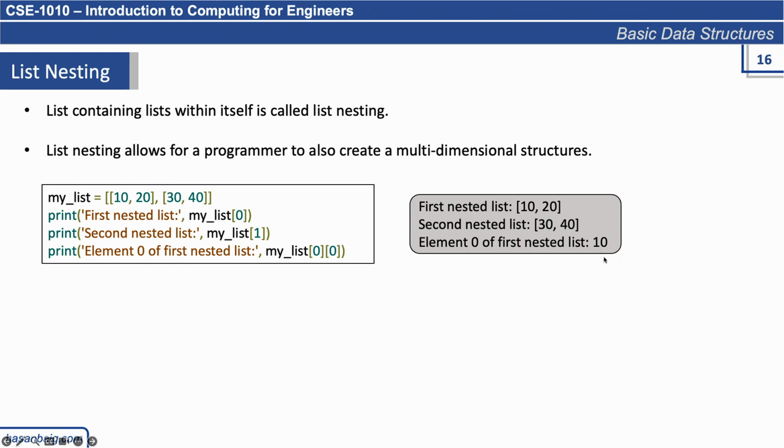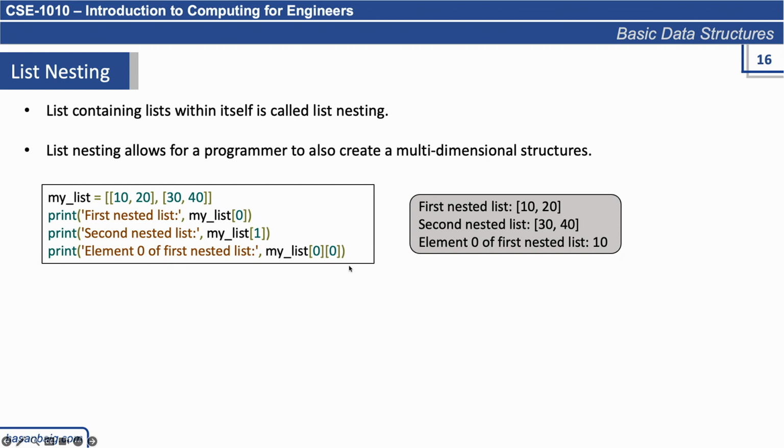So if I were to ask you to print the element which is placed at index number 2, if instead of having 0 here I would write 2, what would happen?